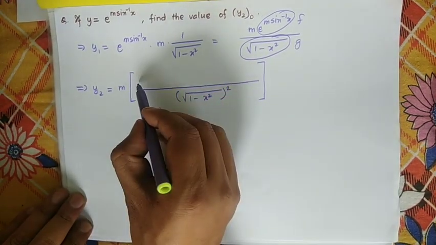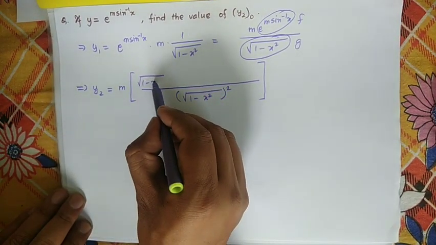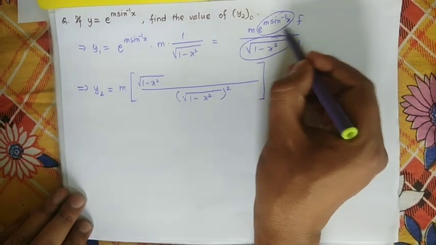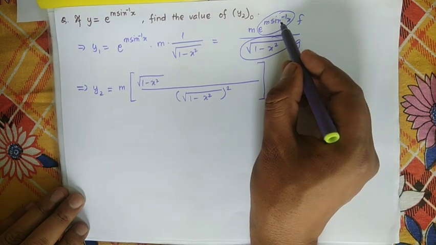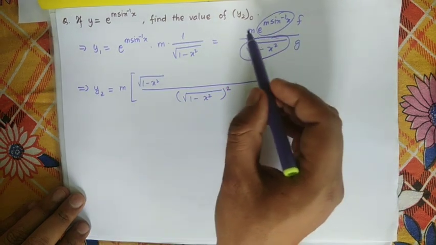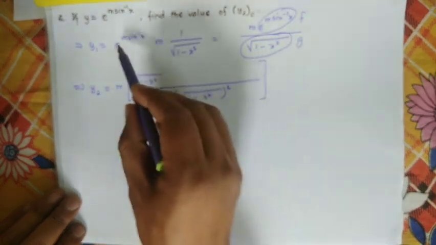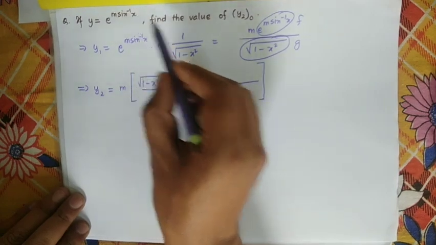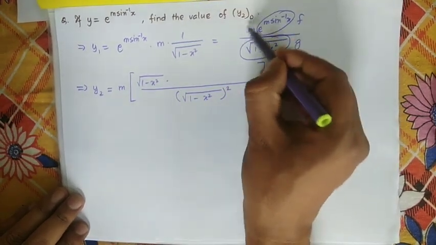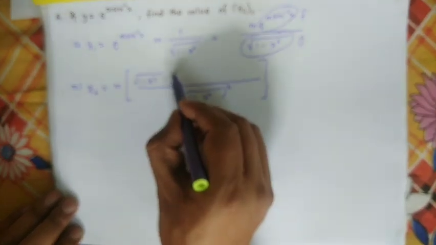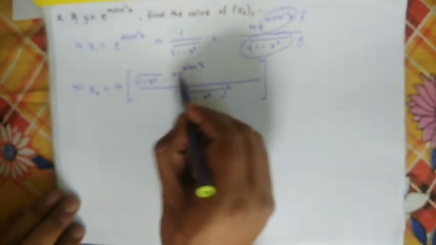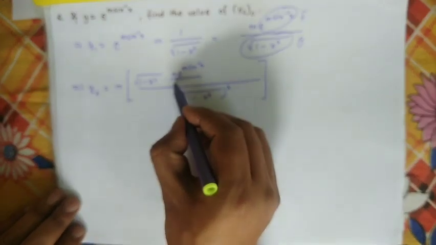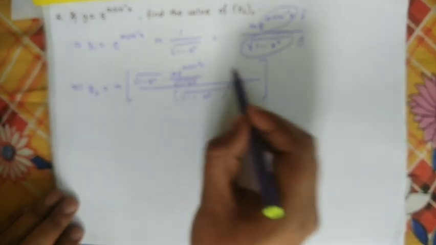Now denominator will be kept as it is, and we need to differentiate the numerator, that is e to the power m sine inverse x. And just now we saw that the differentiation of e to the power m sine inverse x is going to be this full quantity, right? So I have m e to the power m sine inverse x by root over 1 minus x square.